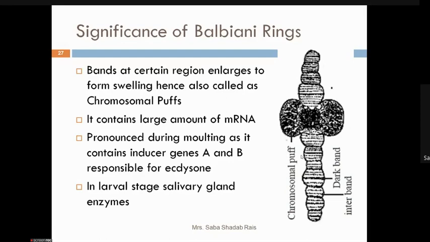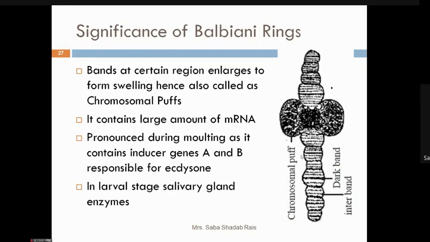When we observe carefully, you will find that these puffs have a large amount of mRNA, and they are pronounced during molting. Why during molting? Because molting is the time when the development of the insect occurs.